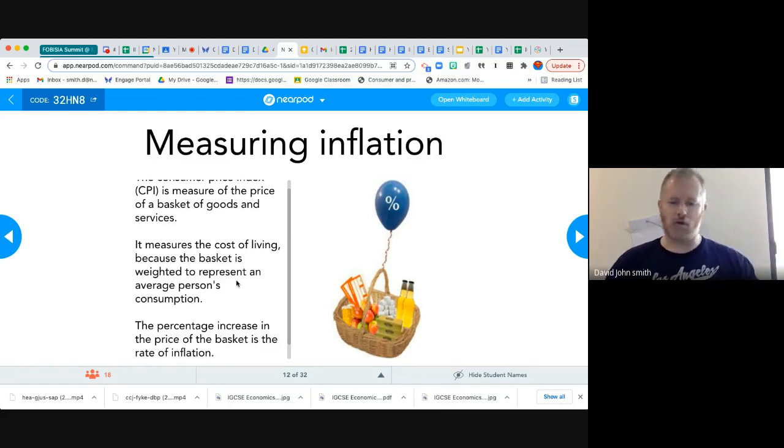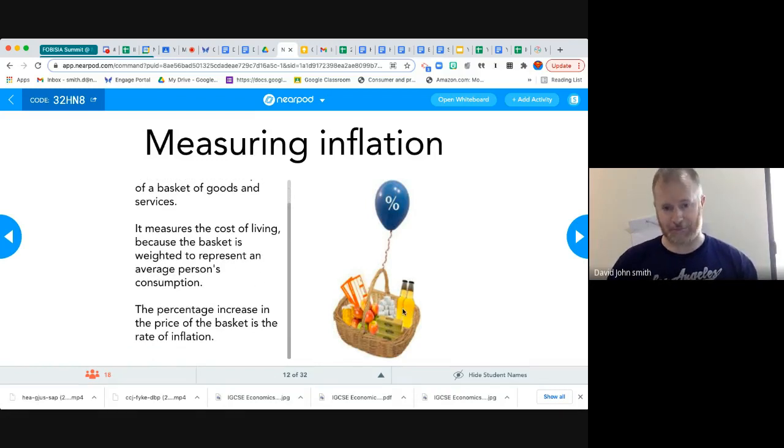Now, you can already see that there are going to be problems with that. Because who is average? Well, none of us is average. So there's going to be products in the basket that you don't buy. There's going to be products in the basket that you buy but somebody else doesn't buy. There will be duplicates potentially that have to be in the basket as duplicates because on average, half the people buy this one and the other half buy the other one.